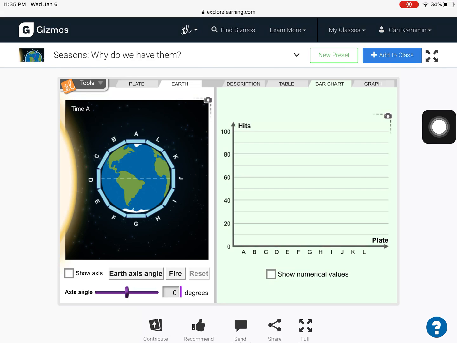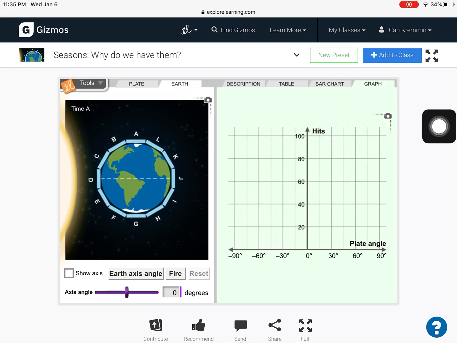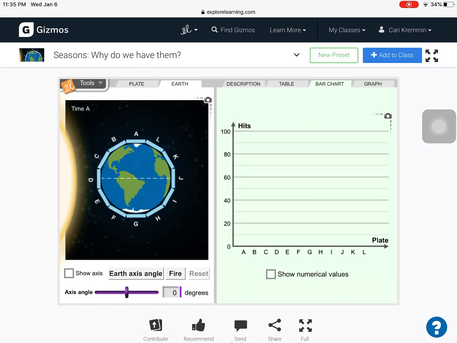It doesn't tell you to take a look at the bar graph or the graph, but honestly, I think those are a little helpful with some of your analysis. So after you've recorded your data, take a peek at those and just see an image of the data as well. I think you'll get a better understanding. This little check mark here is nice. You can check it and see the numbers show up on the graph.